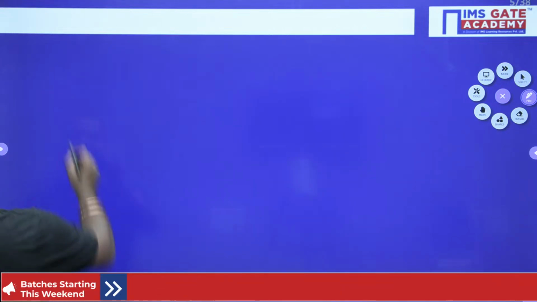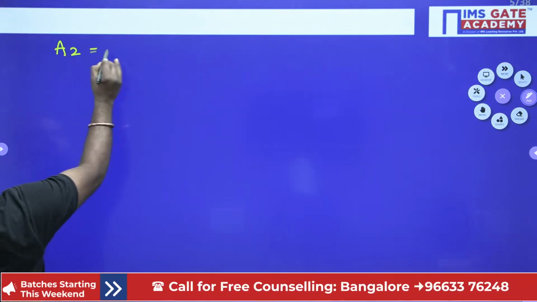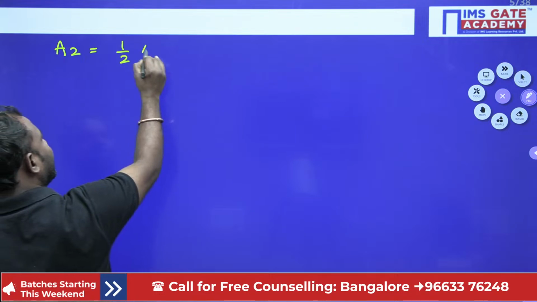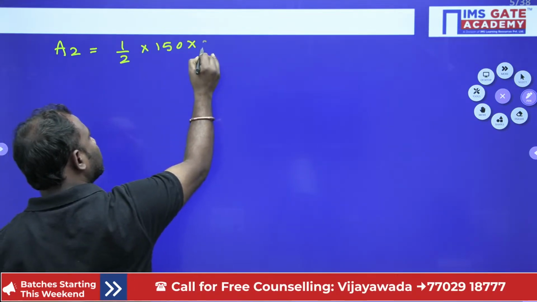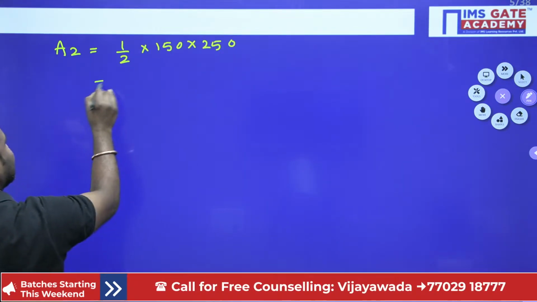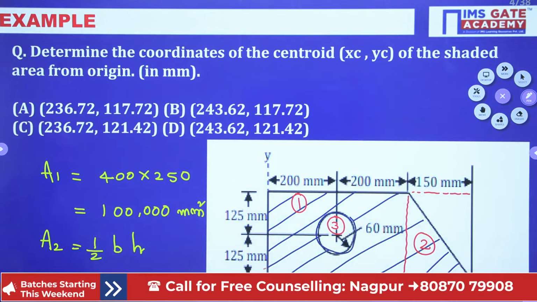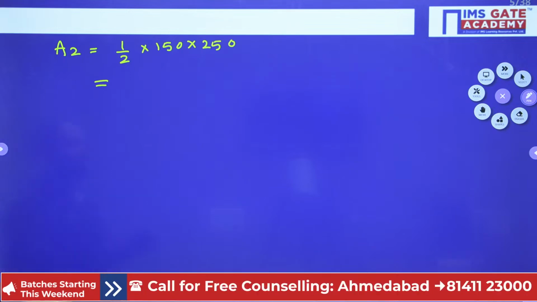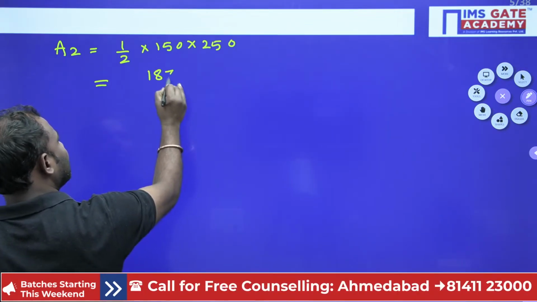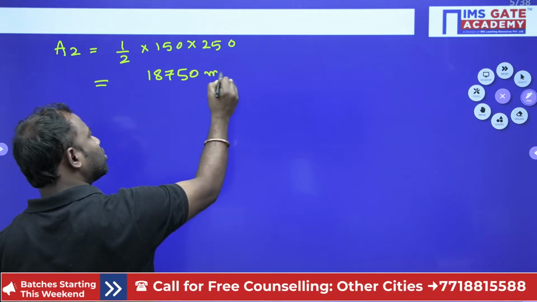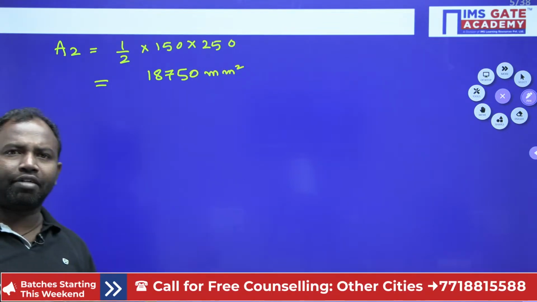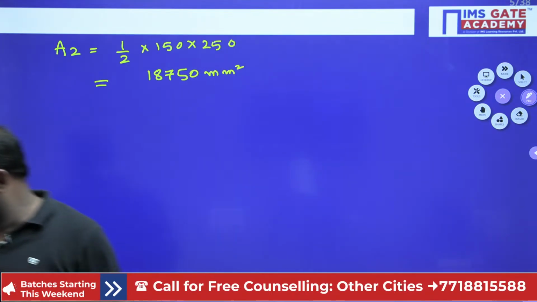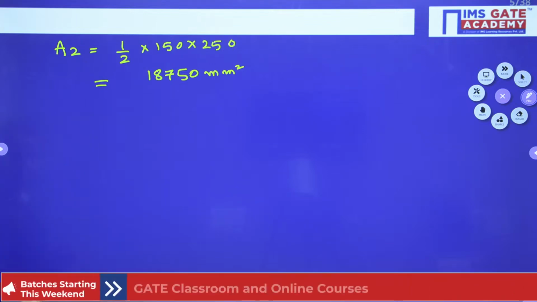So A2 is half into 150 into 250, which is 18750 mm square. Now I have found A1 and A2, and let's find A3.